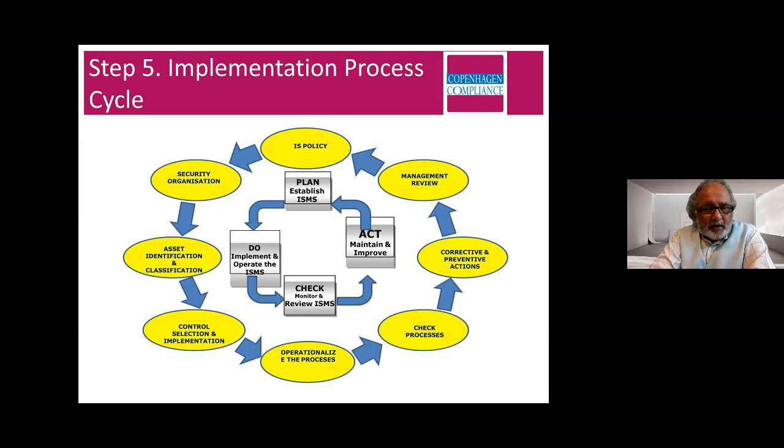And in order to do that, you need to go through a process cycle that takes care of your information security policies, identifies the security organization, you identify the assets, you identify the controls, you operationalize the processes, you monitor the processes, you take the corrective actions, and ultimately you have a management review so that you decide what actions need to be taken.